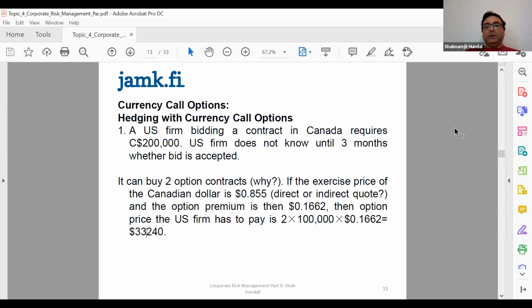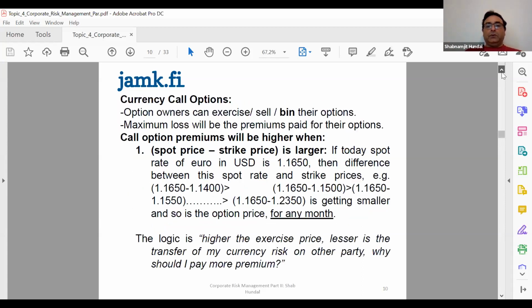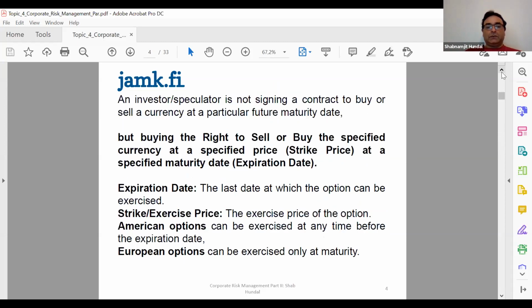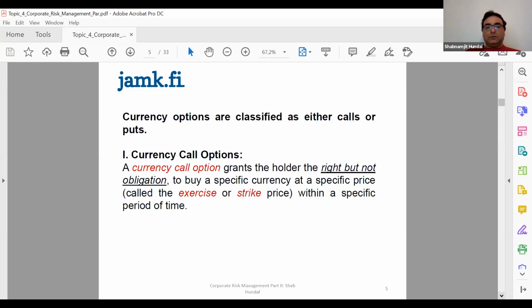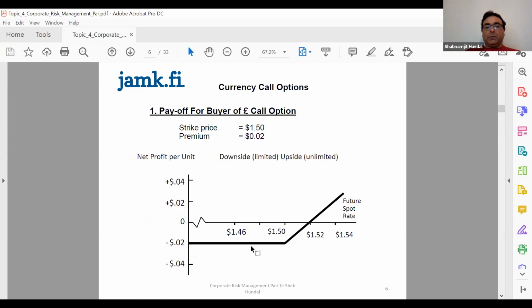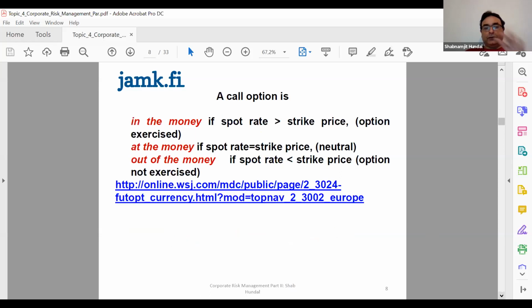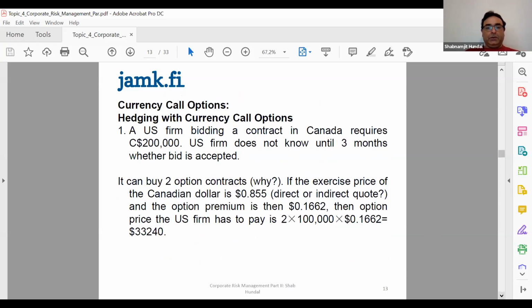In that case, you see this 2-cent loss when you're a buyer of a call option, only when the option is out of the money. 2 cents for 1 pound. But in this example, I take the full value of the contract, which is 200,000 Canadian dollars.